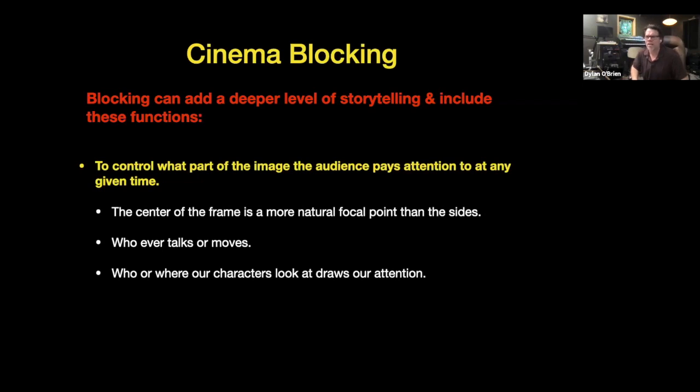Cut to the clock, cut to the painting, cut to whatever they're looking at. So just by them turning and looking, boom, it makes us want to look that way. It throws our attention from here to the edge of the frame, and then I can cut. Or maybe when I turn like that, I pan the camera and reveal what they're looking at. So there I've combined blocking of the actor with blocking of the camera to reveal some information.